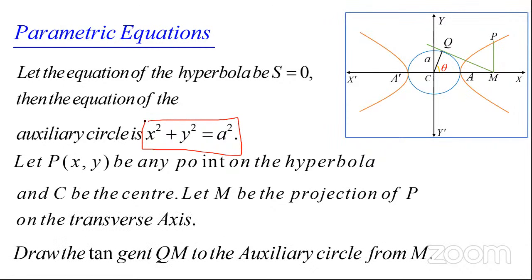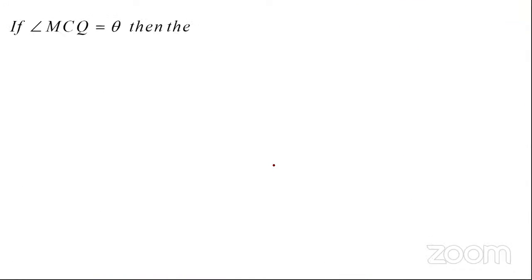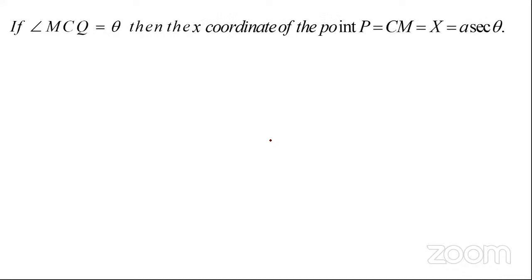Then draw a tangent, which touches only one point, that is QM, onto the auxiliary circle from M. So angle MCQ equal to theta, we are taking in the figure.